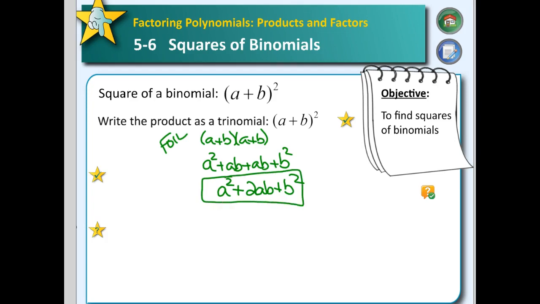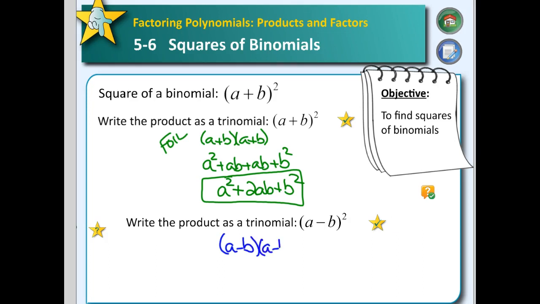Now, what would happen if we're subtracting? What happens if it's (a minus b) squared? Well, once again, we're going to find out if I used my FOIL method as I go through here.